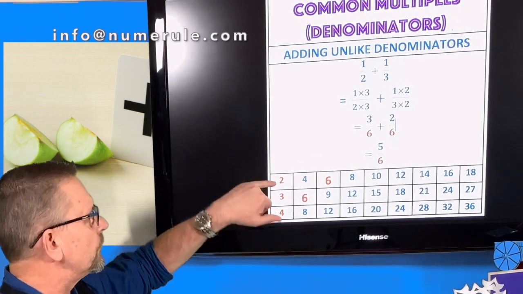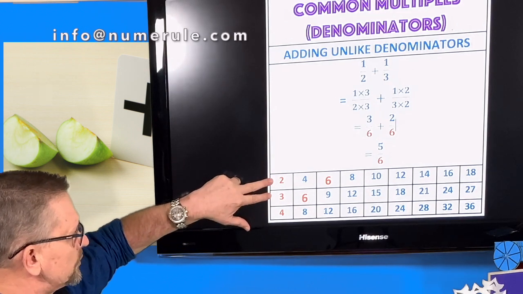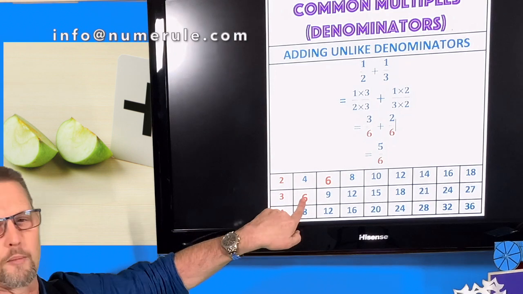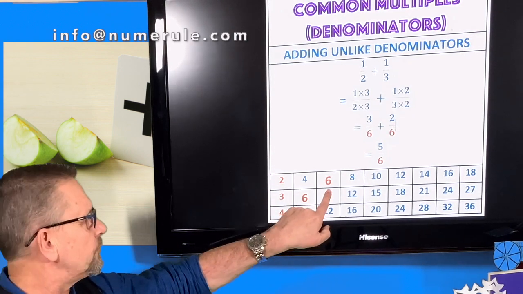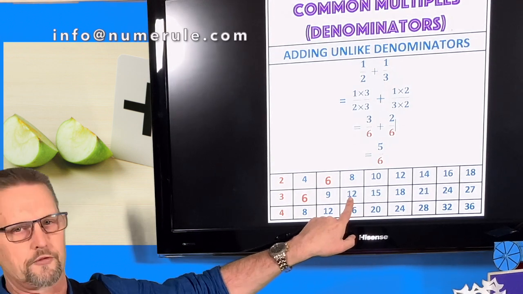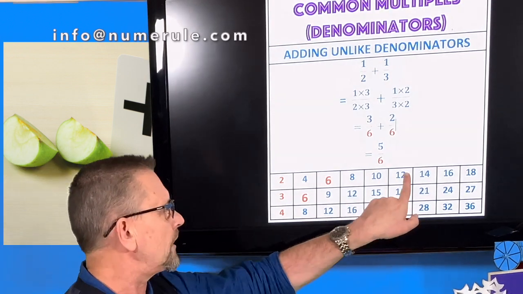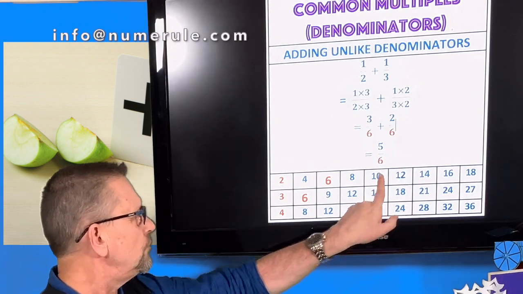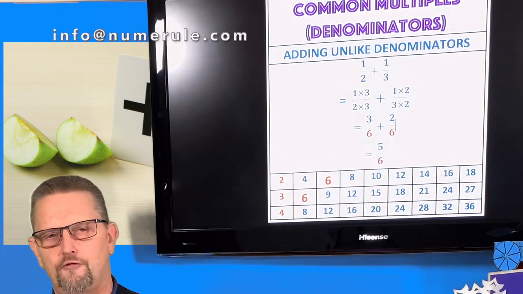If we were looking for the common multiples between 2 and 3, we would find that 6 is a common multiple. Also, if we go down, you could see that 12 is a common multiple too. In fact, 12 is a common multiple of 2, 3, and 4.